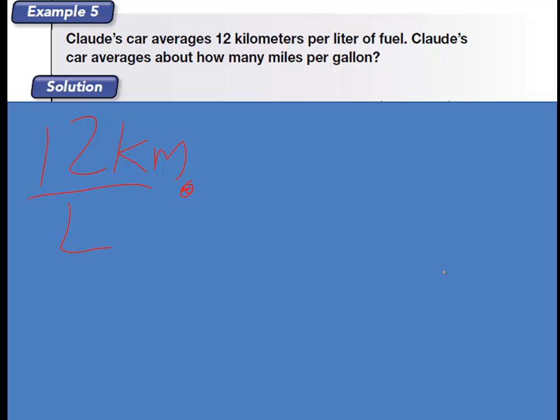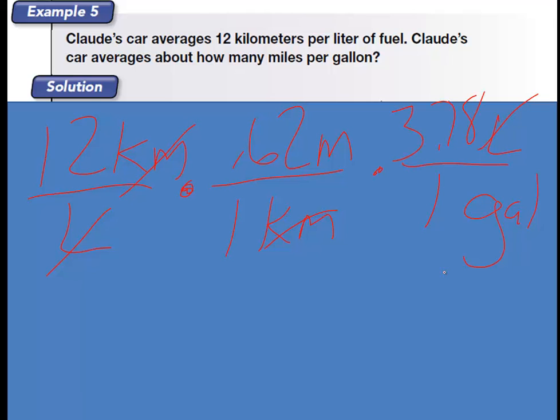I'm going to multiply that by 0.62 miles over 1 kilometer. So that gets canceled out. Now I've got to get rid of my liter down here because I want my answer to be in gallons. So I've got to put liters up top because I want these to cancel out, and my gallons on the bottom. So I've got 1 gallon is equal to 3.78 liters.